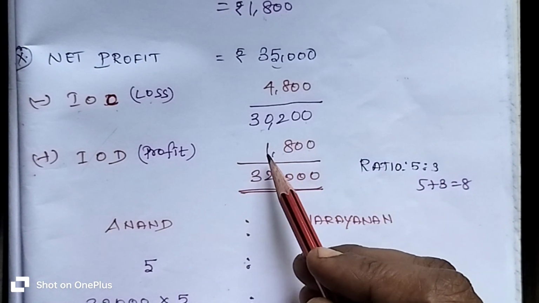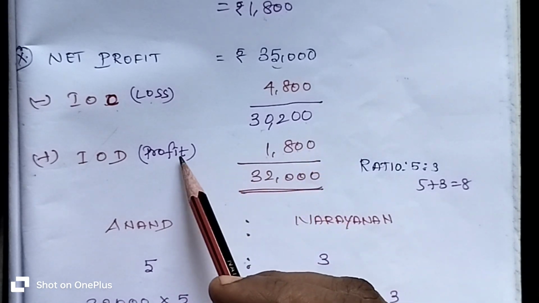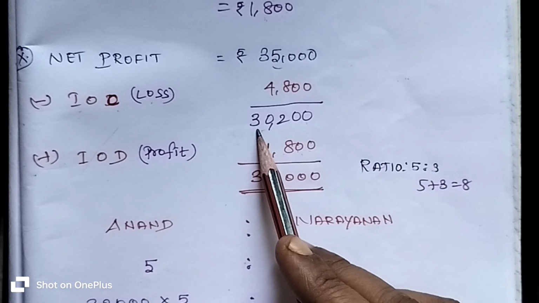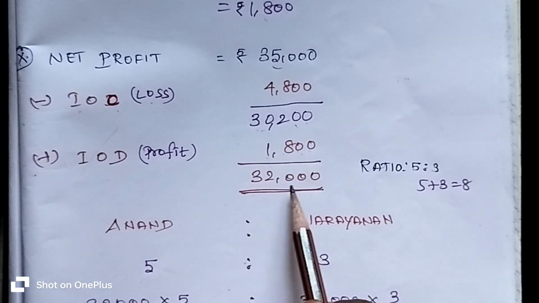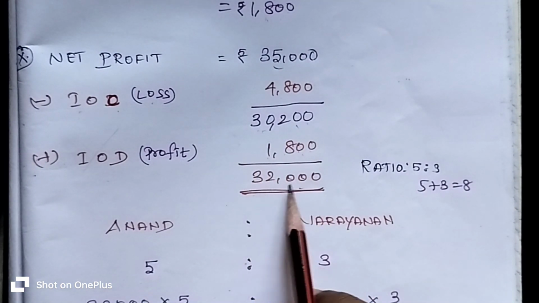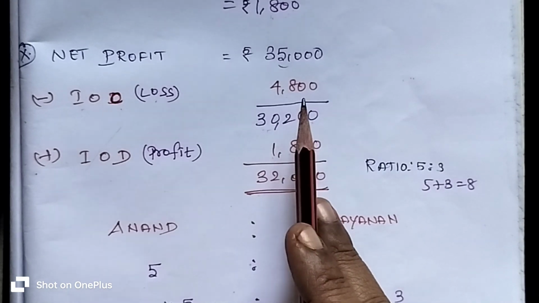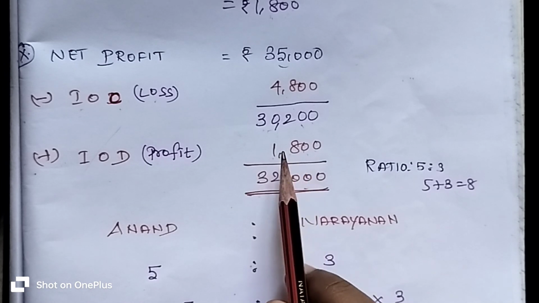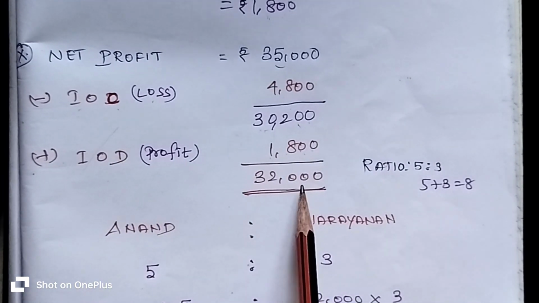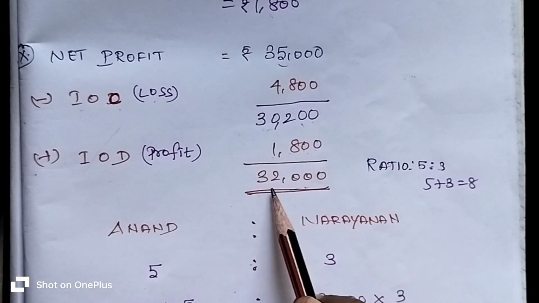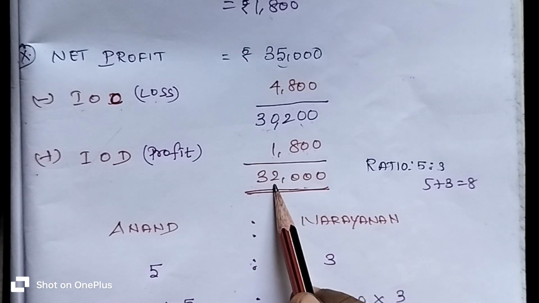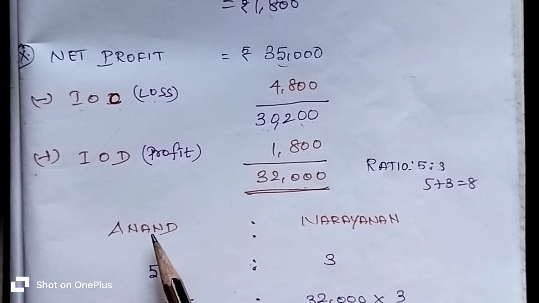How much? 1,800 rupees. We have to add it with the net profit. 1,800 plus 30,200, you will get 32,000 rupees. So after making the calculation with interest on capital and drawing, the total net profit is 32,000 rupees.